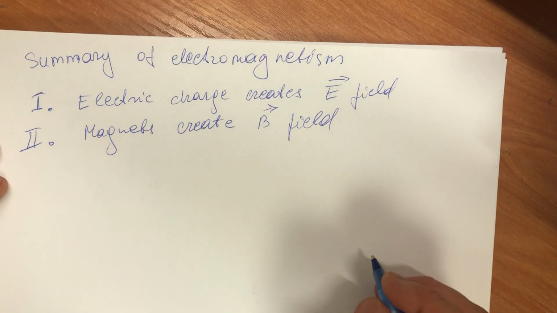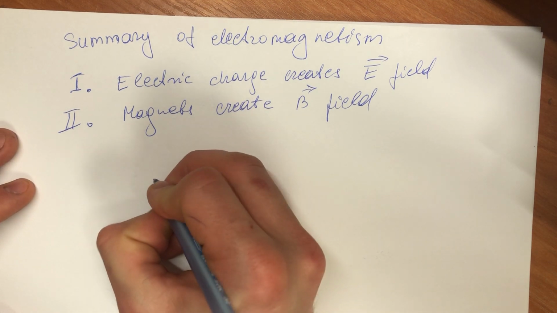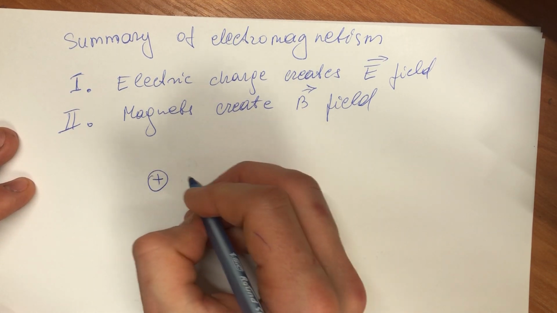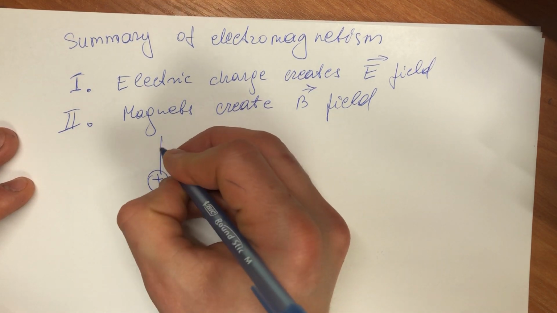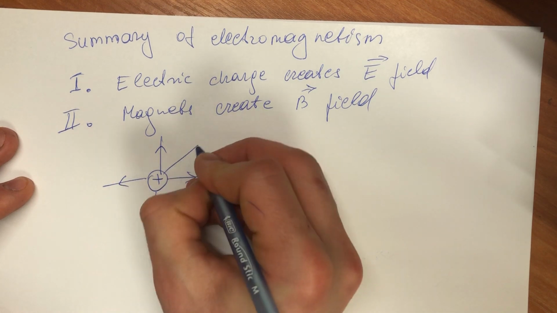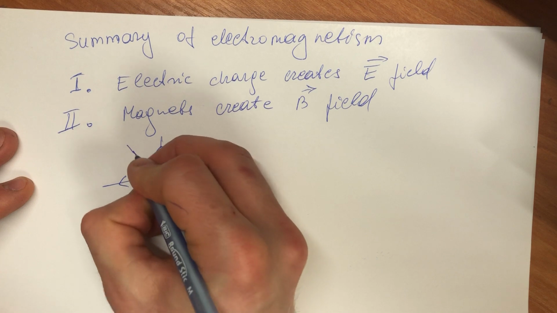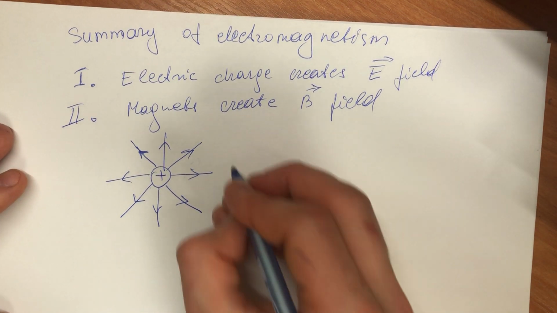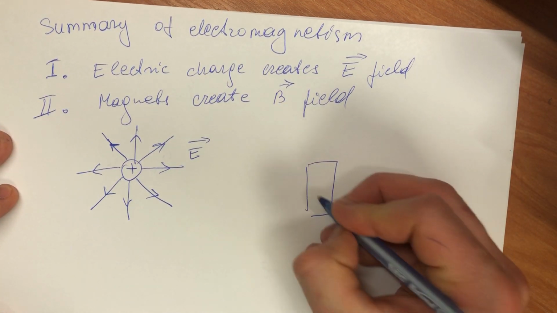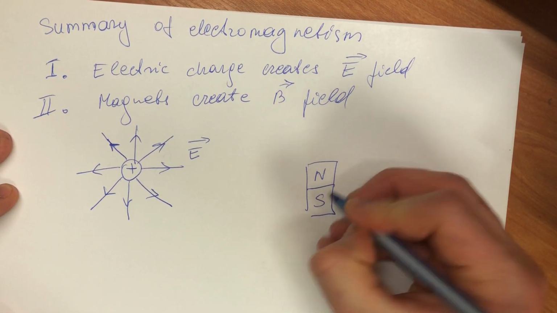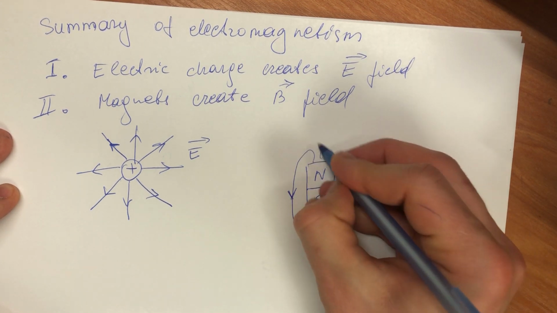So speaking about the first thing, when we have a positive electric charge, the lines of the electric field go to infinity. When we have a bar magnet, the lines come back to this bar magnet.